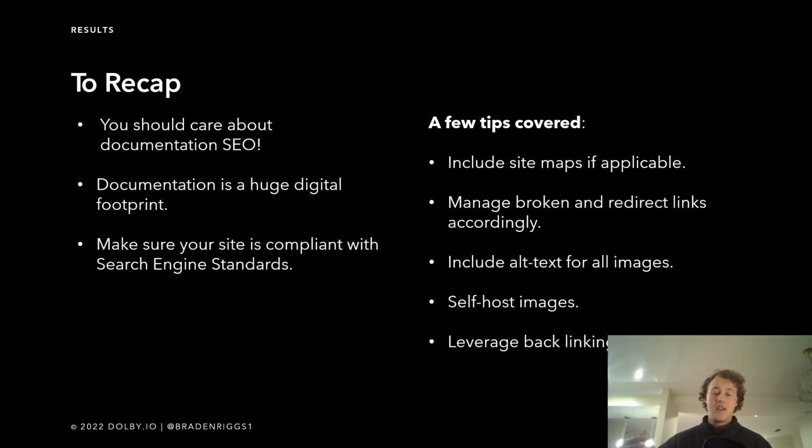Now, ultimately, you're just trying to play within the rules of a lot of these search engines, which means things can change, different things can happen. But a few tricks that have worked for us in the last 6 months, and that we're continuing to fix and improve about our documentation, include having site maps, correcting broken and redirect links, making sure everything's got alt text, and doing stuff like image hosting and encouraging our developer community to do some backlinking.